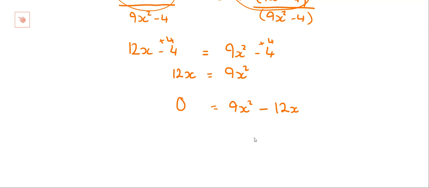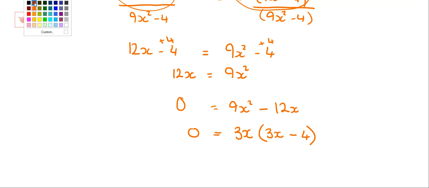There's an x in both, so there must be an x outside. And there's a 9 and a 12. What's common to 9 and 12? 3. So 9x squared divided by the 3x leaves you with 3x minus 4. And all of that has to equal 0. Awesome.